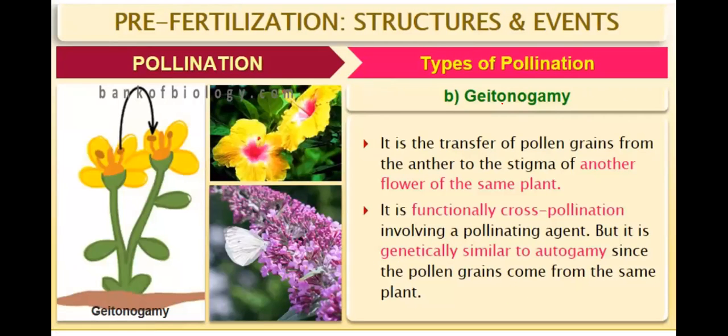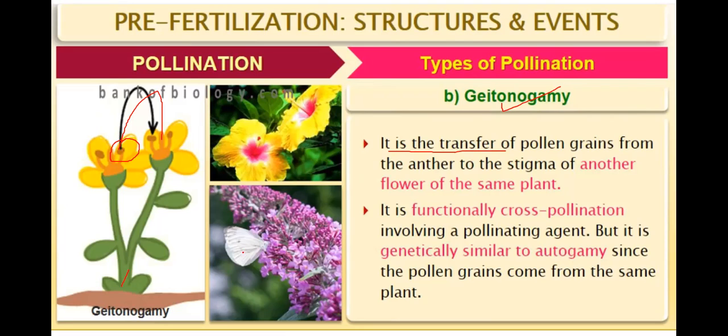Now we'll be discussing geitonogamy. What do you mean by geitonogamy? It is the transfer of pollen grains from the anther to the stigma of another flower of the same plant. The plant is the same. But here there is transfer of pollen grain from the anther to the stigma of another flower of the same plant. So that is called geitonogamy. It is functionally cross-pollination involving a pollinating agent.